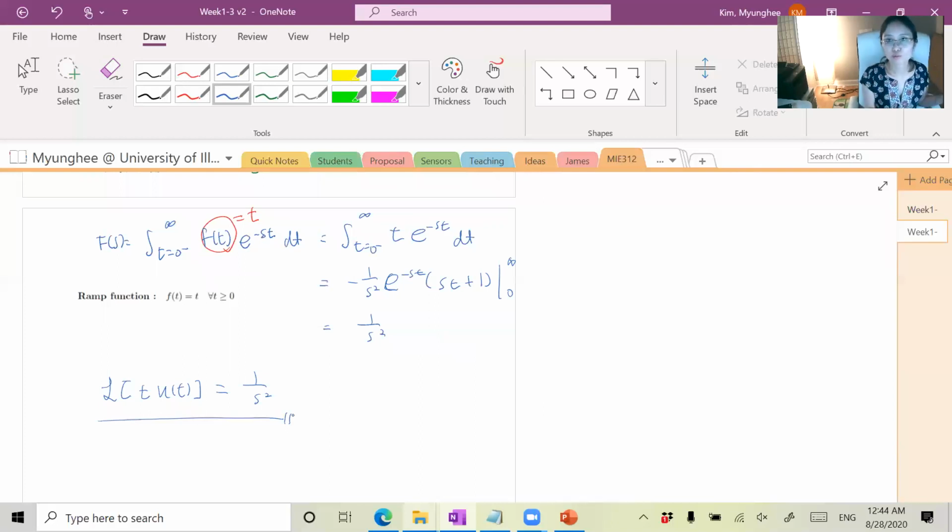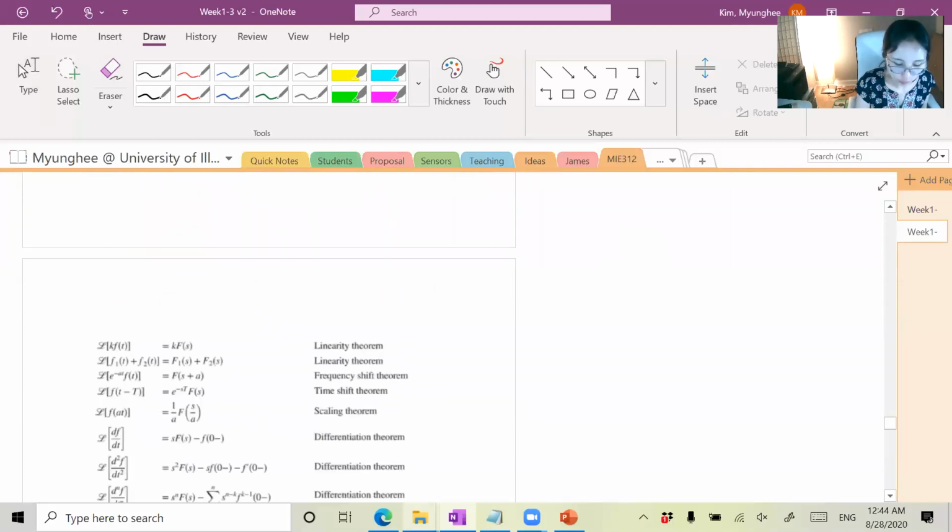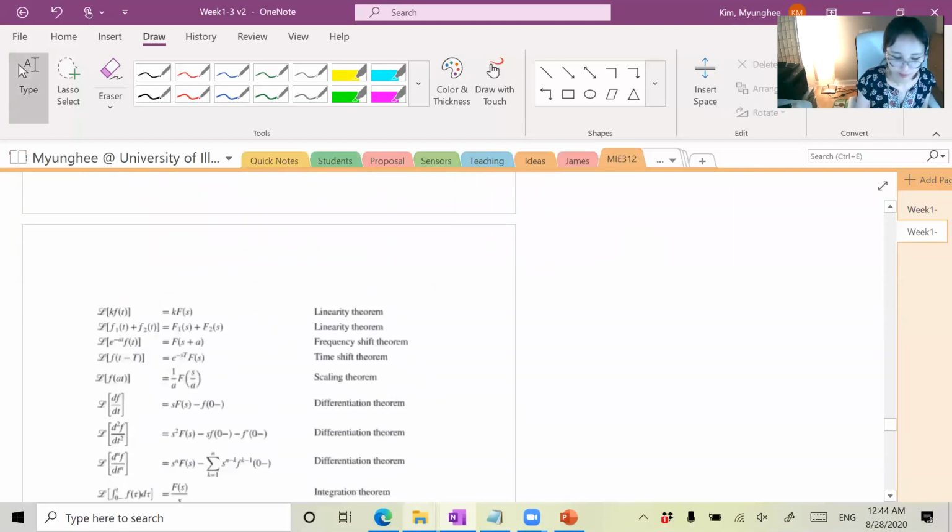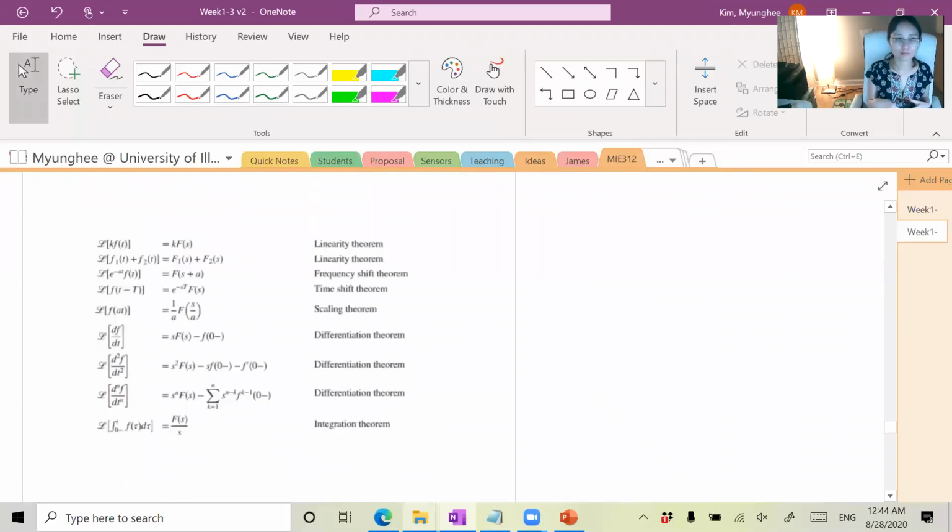So these are two examples of the Laplace transform. But in this course, I will not ask you to calculate this. Rather, I ask you to use this table to get the dynamics of the system or to design a controller. So these are some frequently used operations.